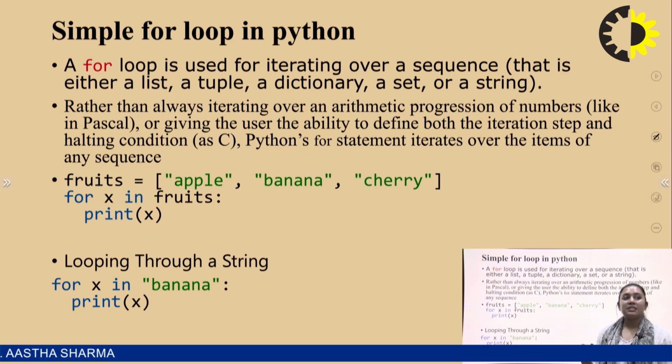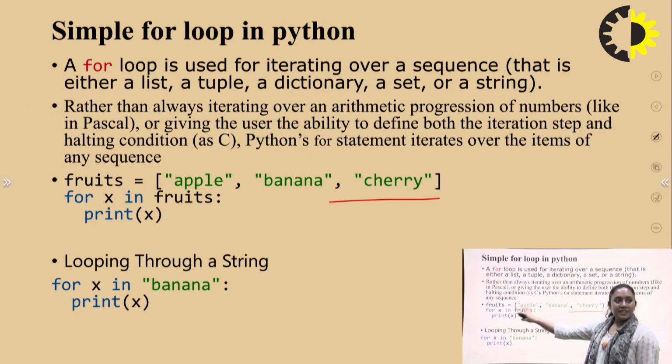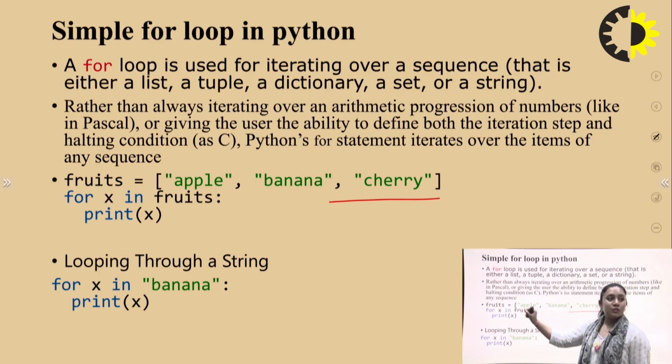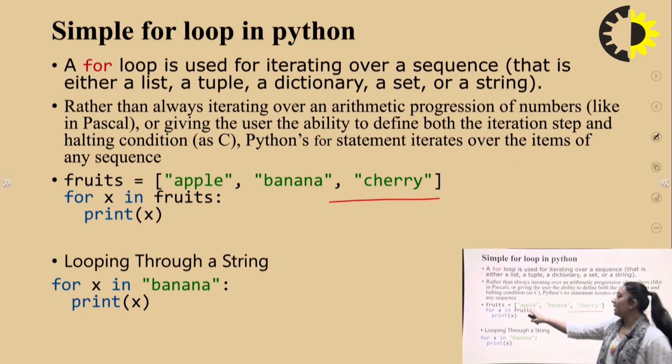As you can see, I have written fruit, right? The variable I initialized is fruit. This fruit is a list: apple, banana, cherry. All these fruits can be stored in which variable? In the X variable. So here we are using the for loop.